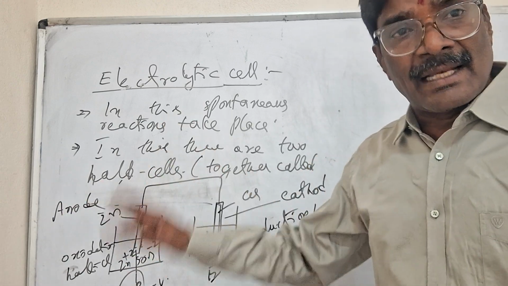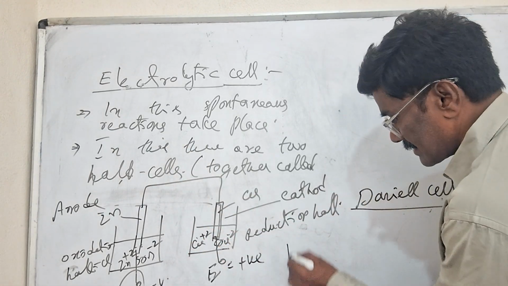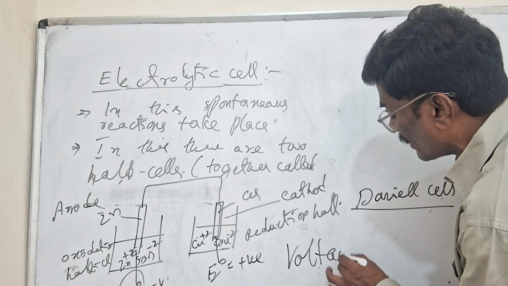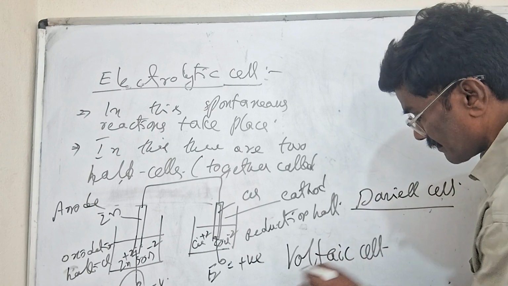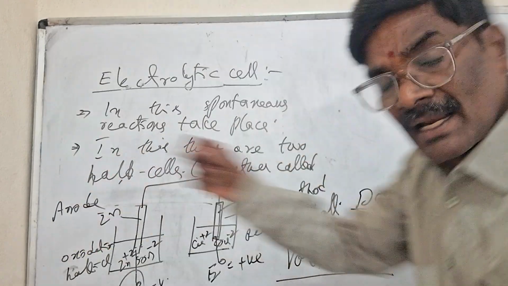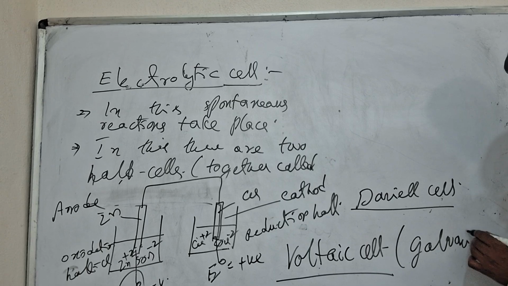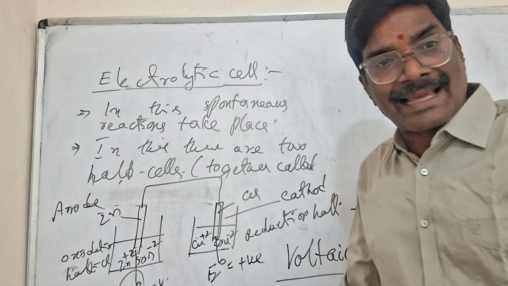Commonly, all these electrolytic cells are called voltaic cells, or also galvanic cells.